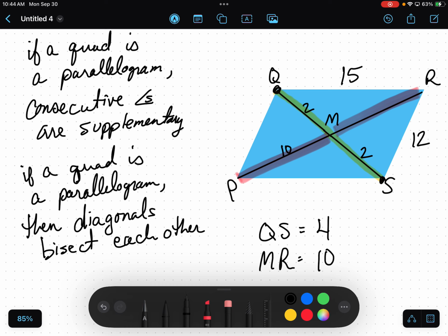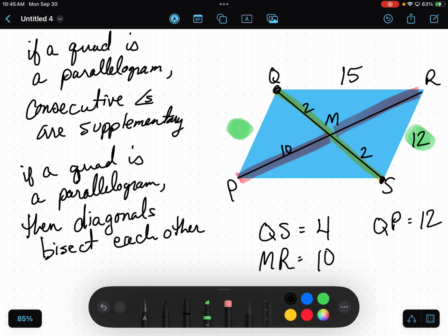What about QP? How long is QP? 12. How'd you get that? Okay, so if this one's here, then it should be the same here, correct? Those are opposites. Perfect. Are you guys okay with that? Comfortable with that? All right.